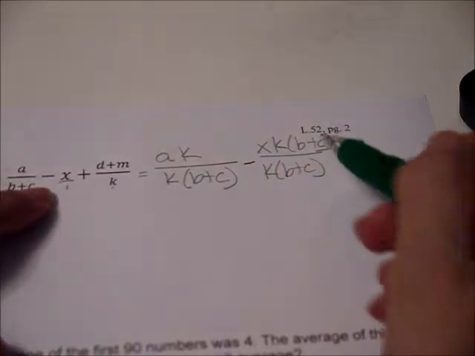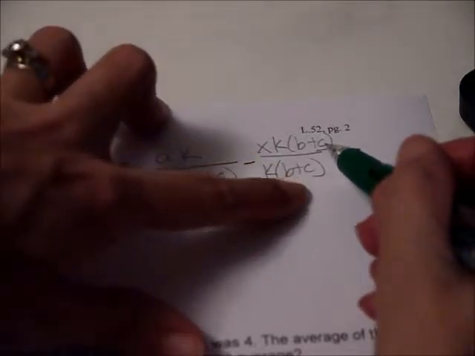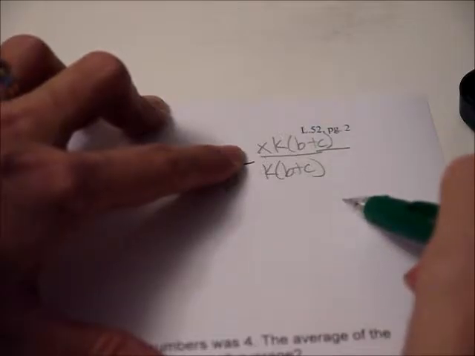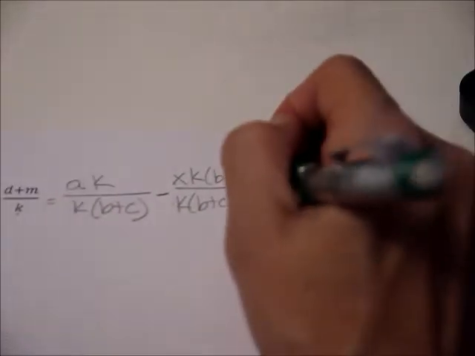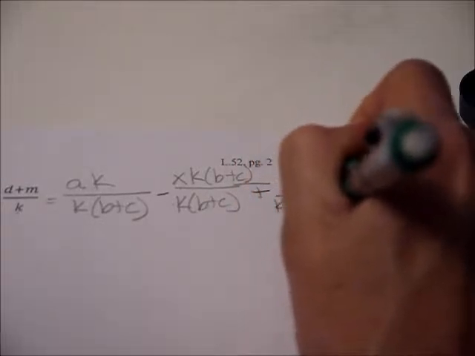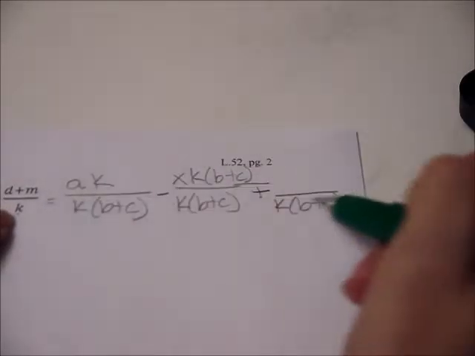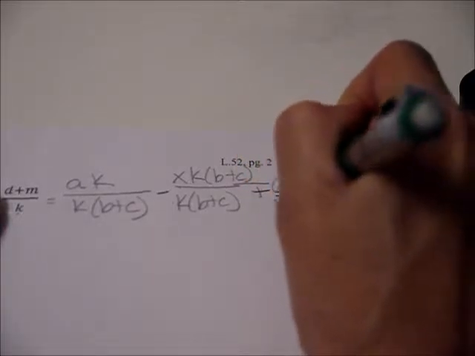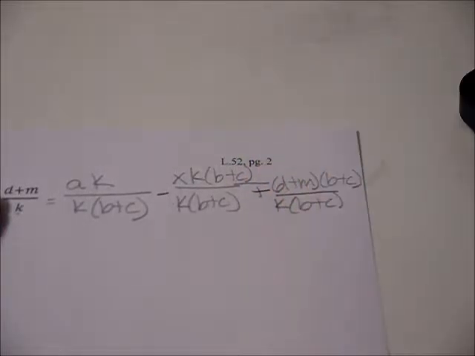If we cancel out the b plus c and the k's, we're left with x, so we know we've done that correctly. And the last one had a k on the bottom, so now we've got to multiply d plus m times b plus c.